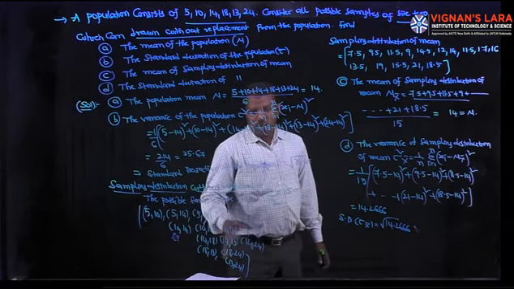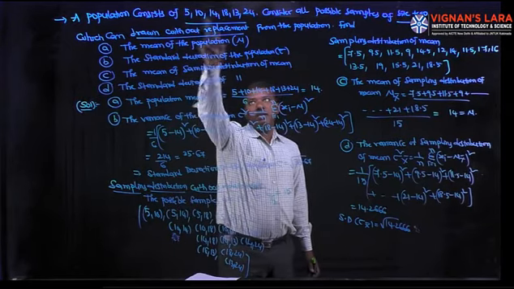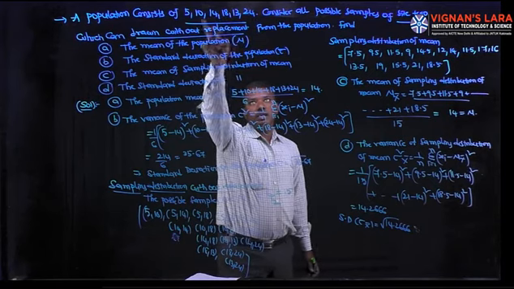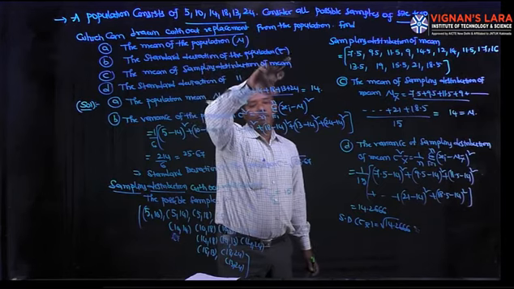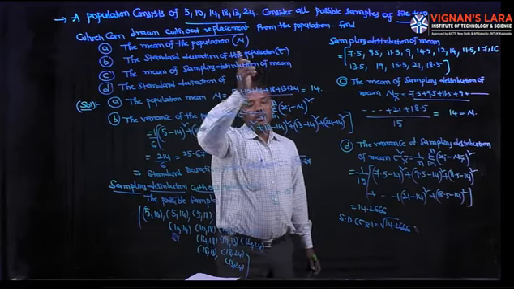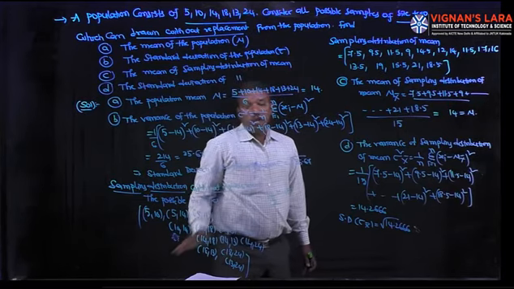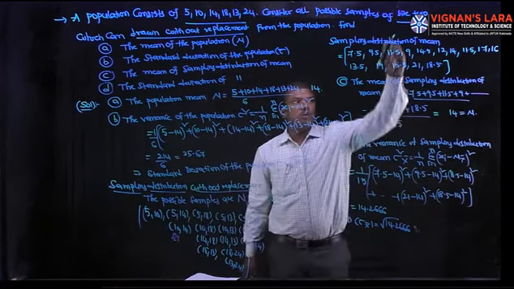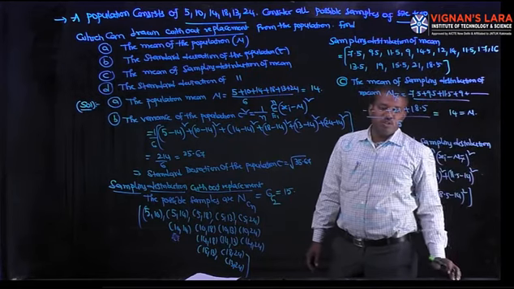The samples are 5,10; 5,14; 5,18; 5,13; 5,24; 10,14; 10,18; 10,13; 10,24, and so on until no elements remain after 24. Then construct the sampling distribution of mean, then its mean and variance.